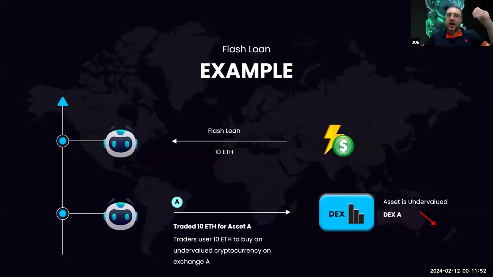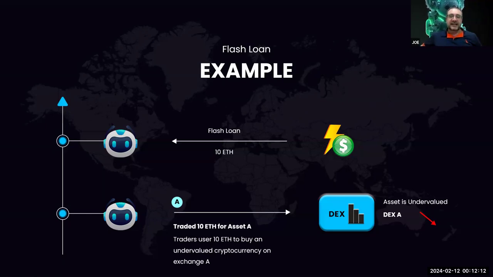So here's an example of a flash loan. You've spotted an asset and you're going to borrow 10 Ethereum in order to be able to buy that asset. And you're now going to move that asset. You borrow 10 Ethereum.